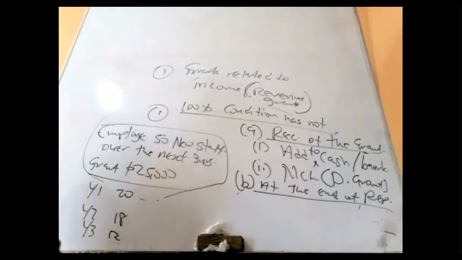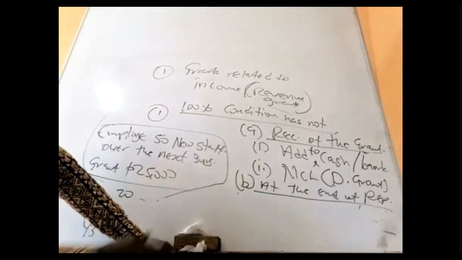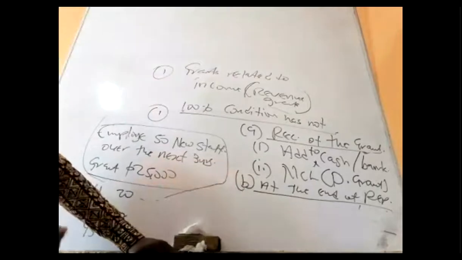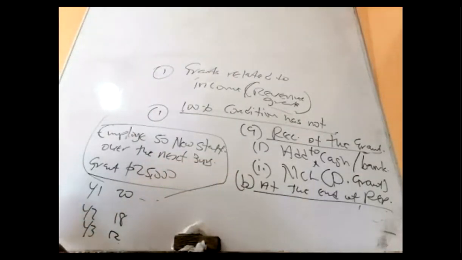The proportion or the part of the grant for which you fulfilled the condition, calculate its equivalent revenue or income. So at the end of the reporting period, an amount should be released equivalent to the proportion of the grant, or the proportion of the condition fulfilled.